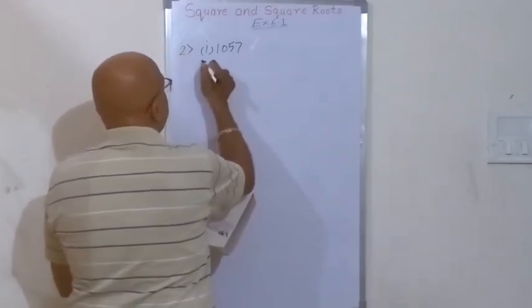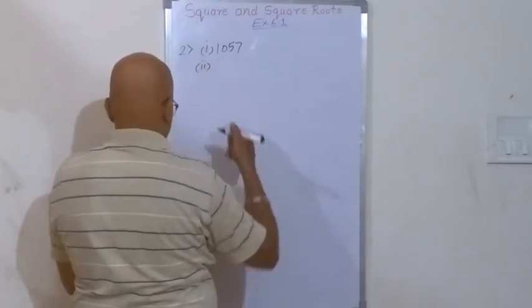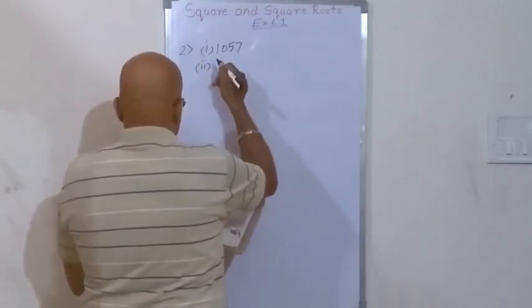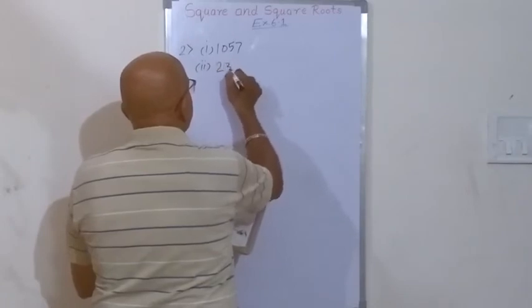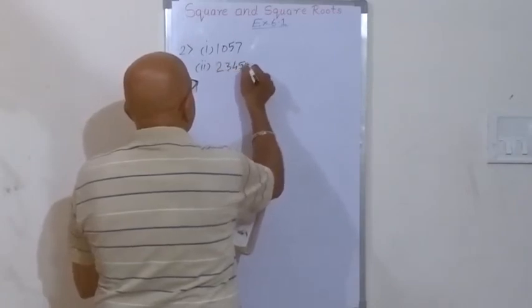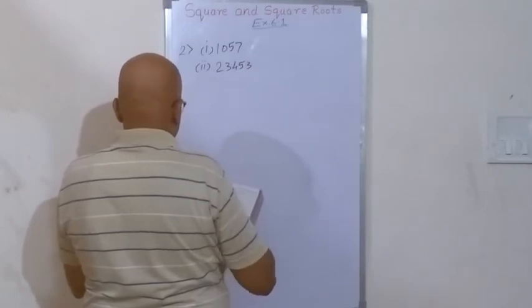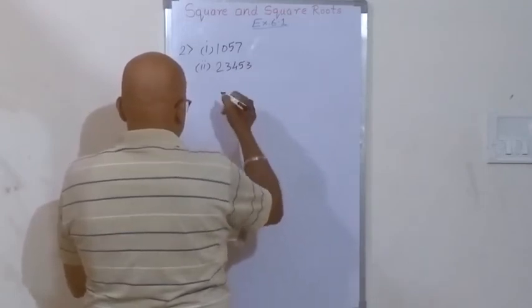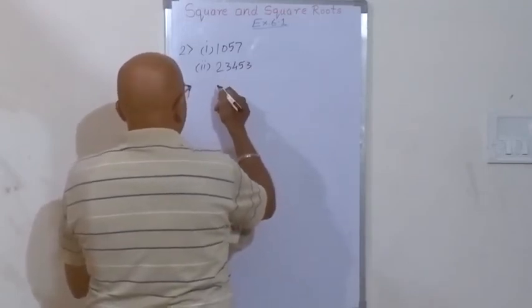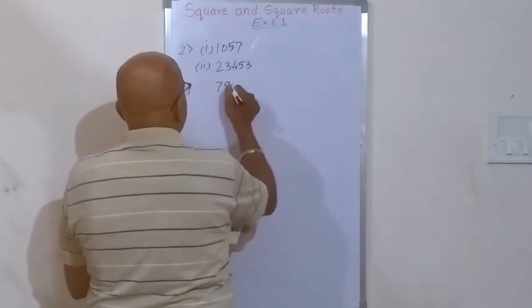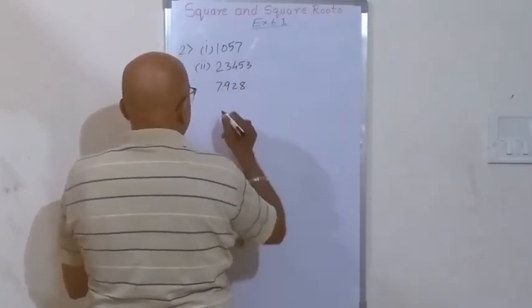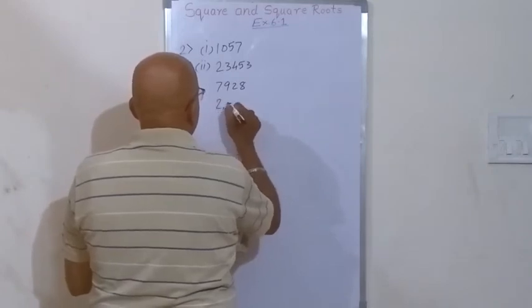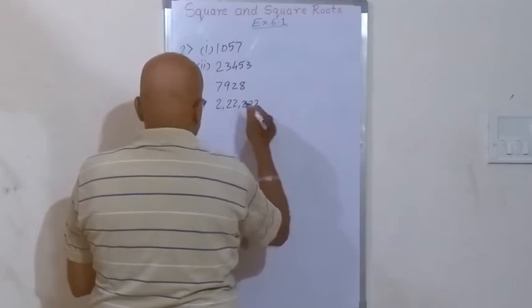Second one is 23,453. Third is 7,928. And the fourth one is 2,22,222.